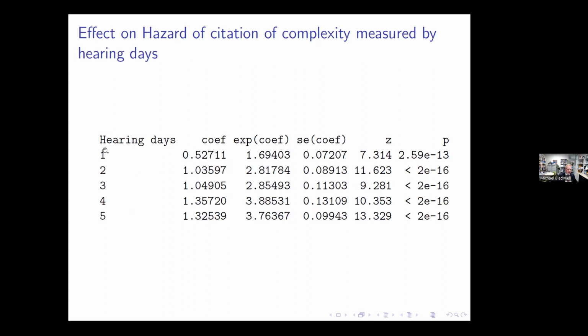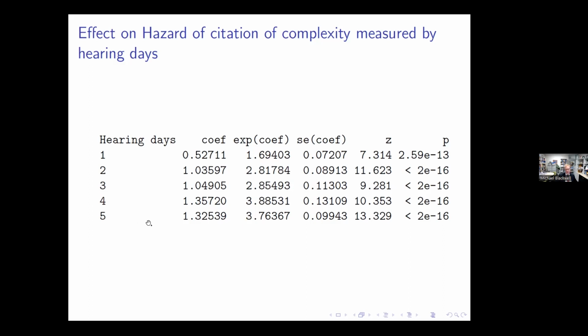Similarly, the story is the same for the length of the hearing. The reference category here is a hearing of 0 days, i.e. a hearing that's done purely on paper. But a hearing of 1 day, as opposed to a paper case where there is no hearing, multiplies the hazard by 1.69, i.e. it increases it by about 70% of becoming a cited precedent.